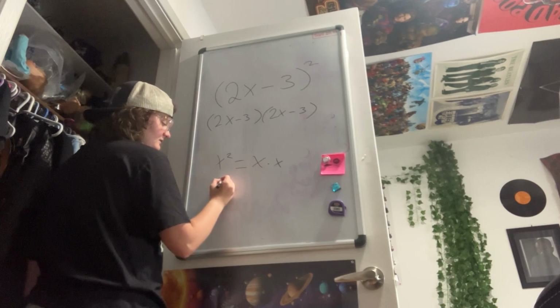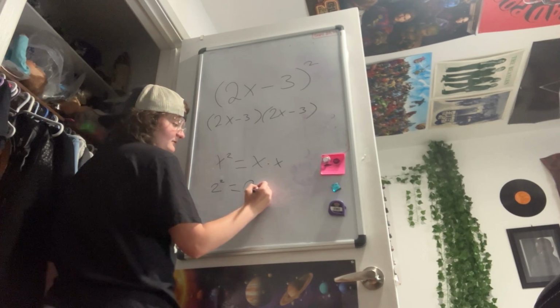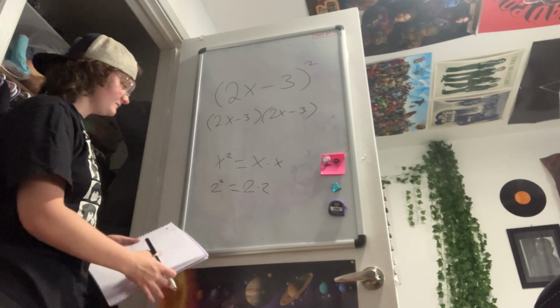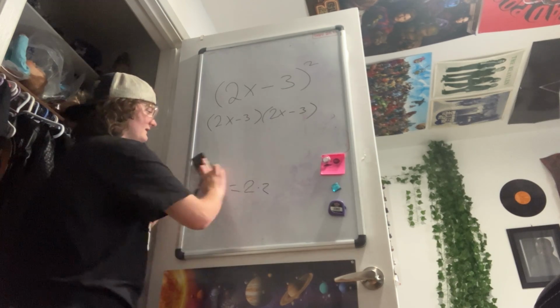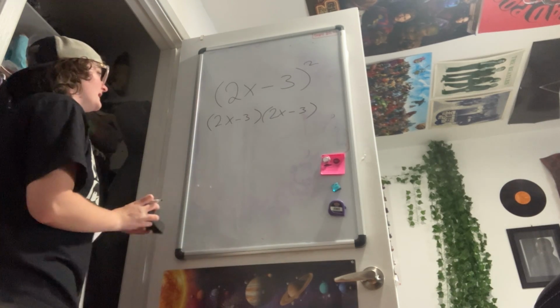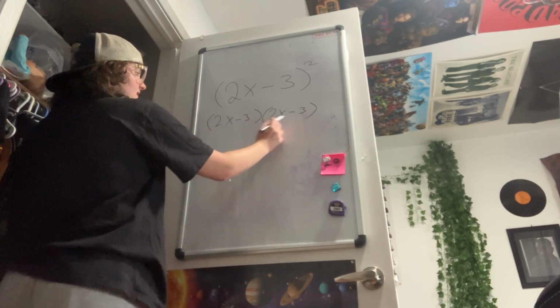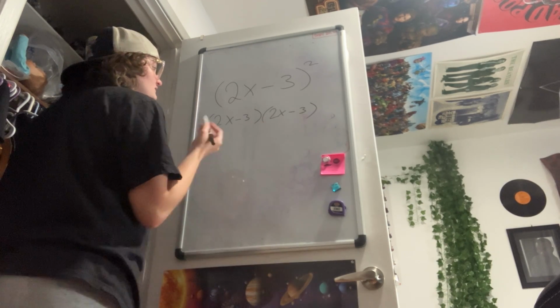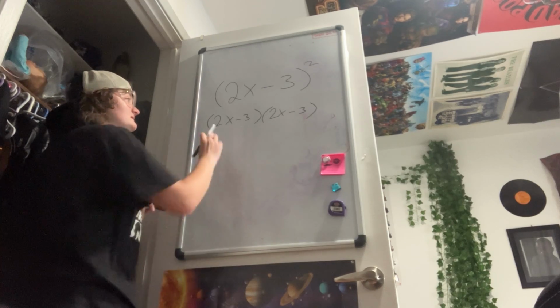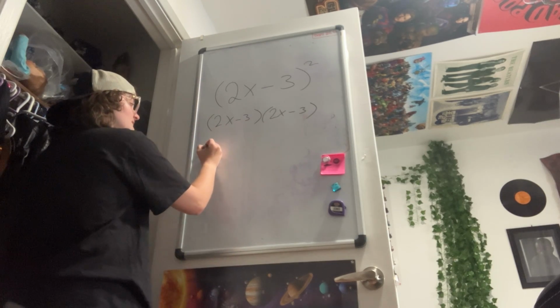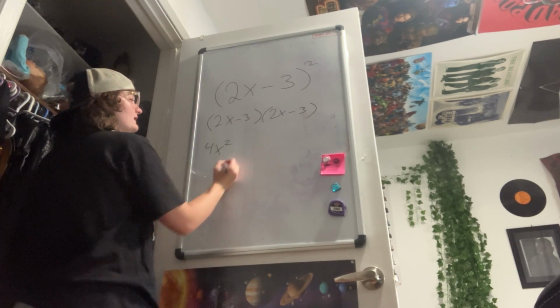Or in numbers, 2 squared is equal to 2 times 2. Okay, so we're going to FOIL this out, just like we did with the last one, because there's 2 terms inside and there's 2 brackets, okay? So F stands for first, 2x times 2x, 2 times 2 is 4, x times x is x squared.